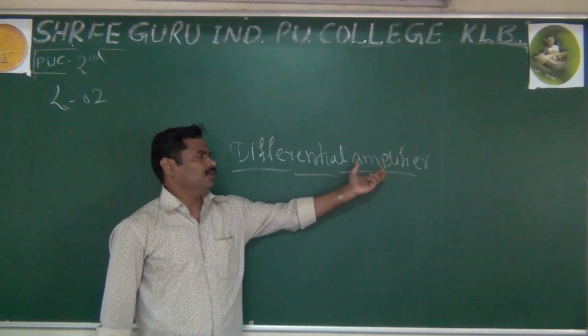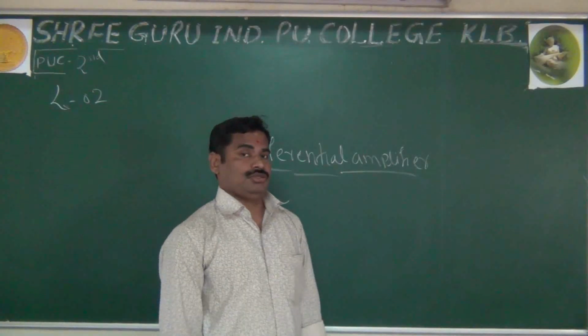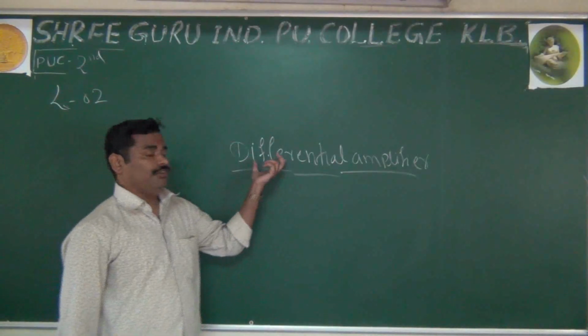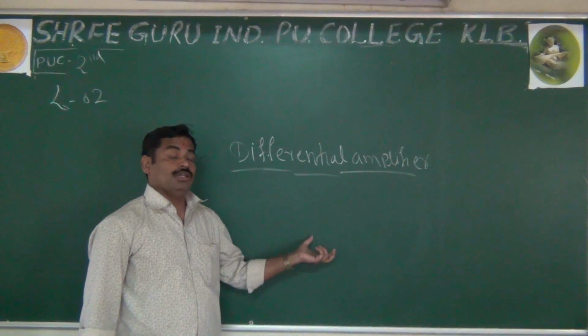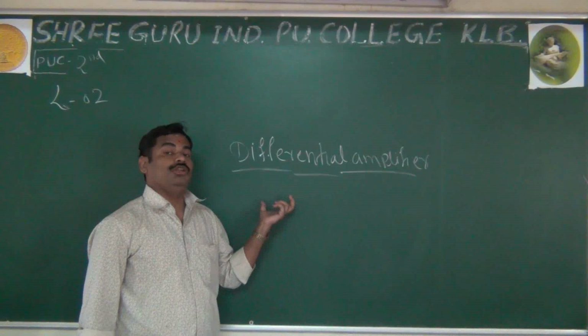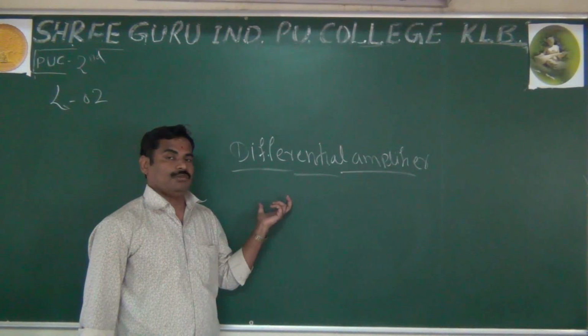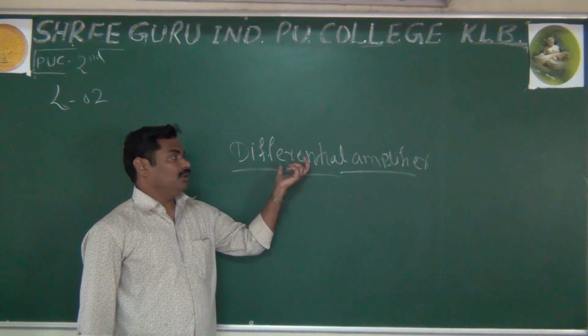As we know, an amplifier will amplify signals. And why is it called differential? Because the amplifier will amplify the difference of the two input signals. You follow what I am saying? Why is it called a differential amplifier?